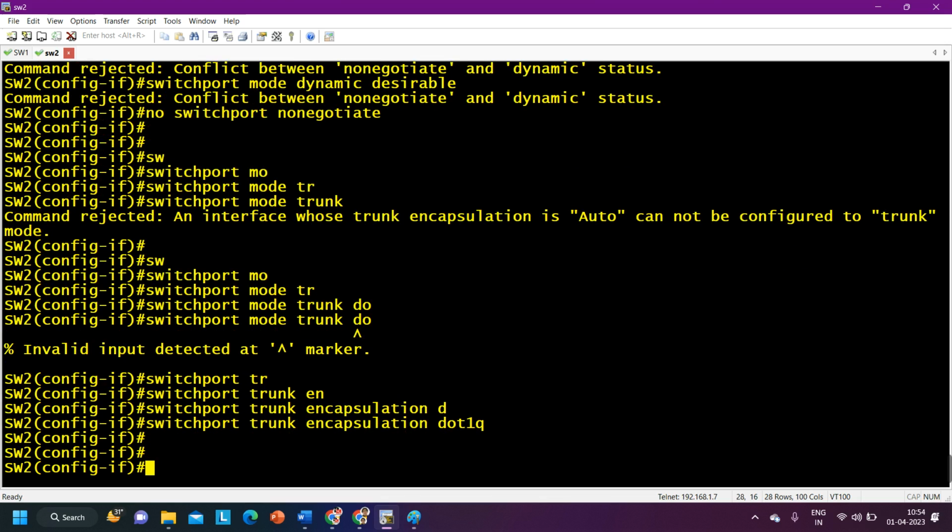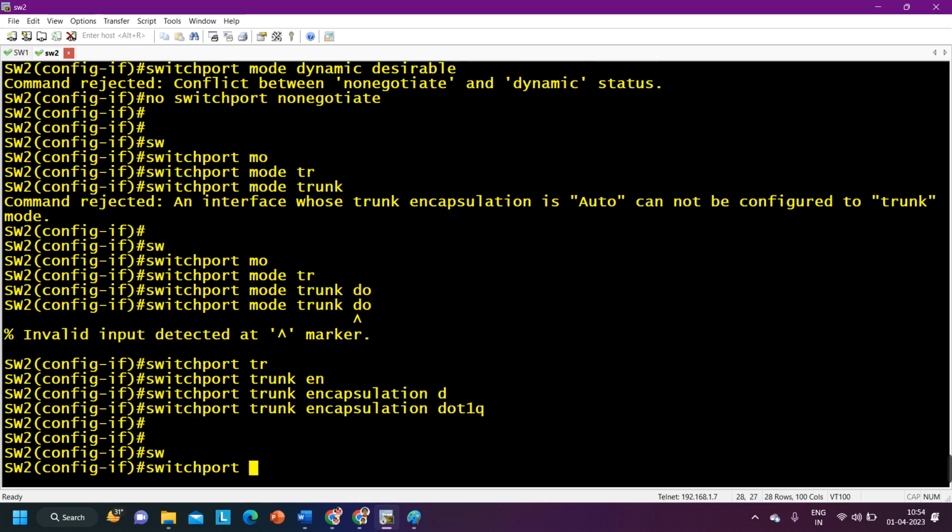Now here I can configure a static trunk. Okay, so to configure a static trunk you have to define the encapsulation protocol. Yes or no? To configure dynamic mode you have to enable negotiation.